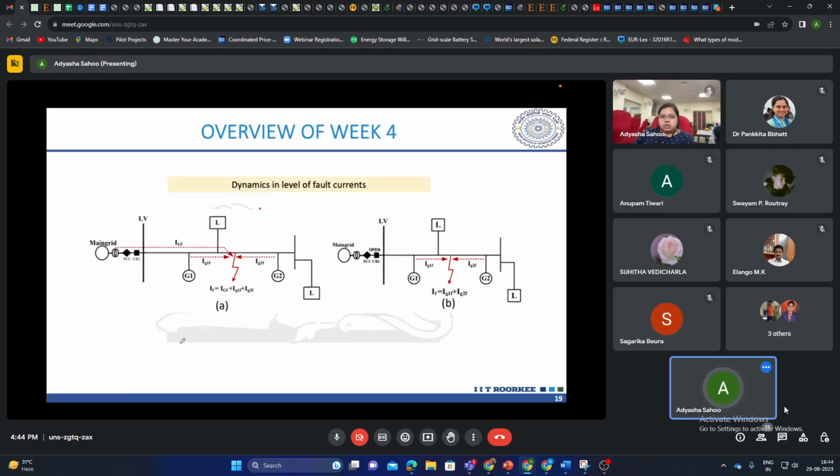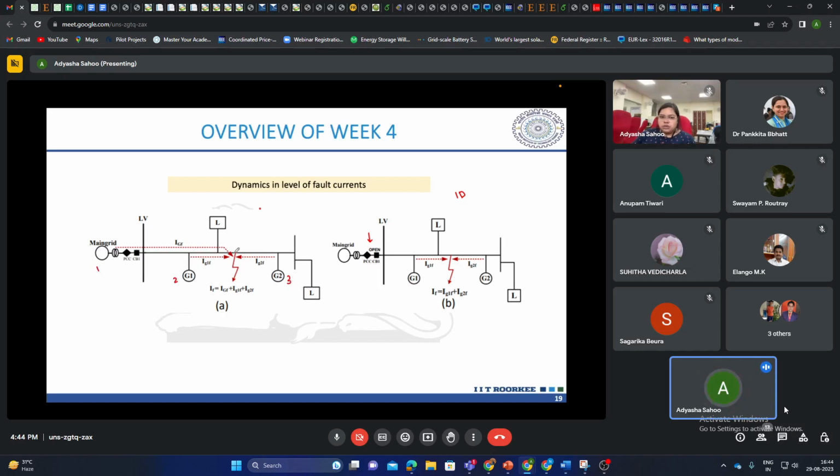So basically, this is the islanded mode, because here the circuit breaker is open, and here we have the grid connected mode. Whenever there is a fault, we have three sources here. First one is the grid, second is generator G1, third is generator G2.